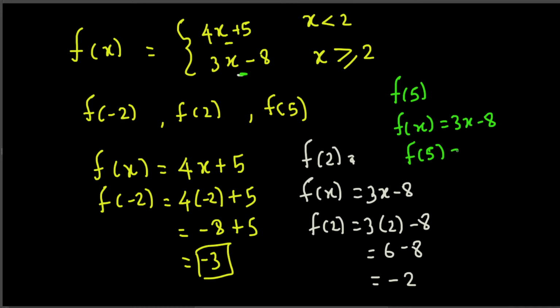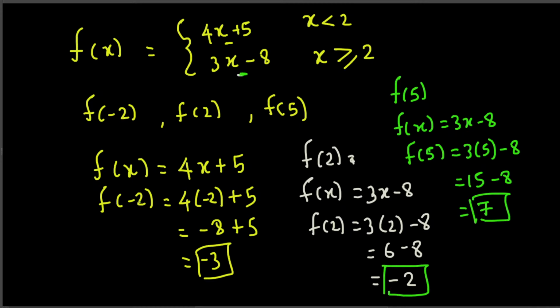F of 5 is equal to 3 times 5 minus 8. 3 times 5 is 15 minus 8, that gives us 7. So these are the answers: f of minus 2 is negative 3, f of 2 is negative 2, and f of 5 is 7.